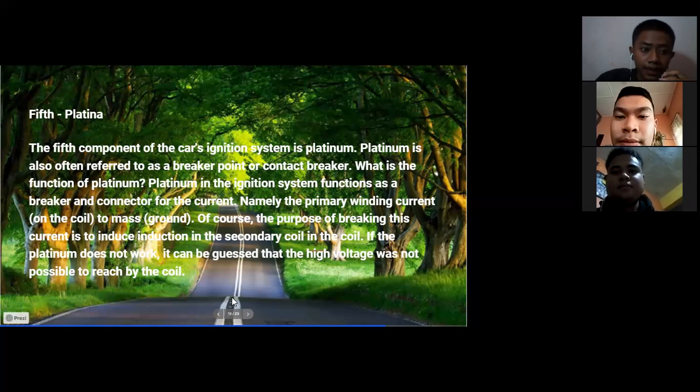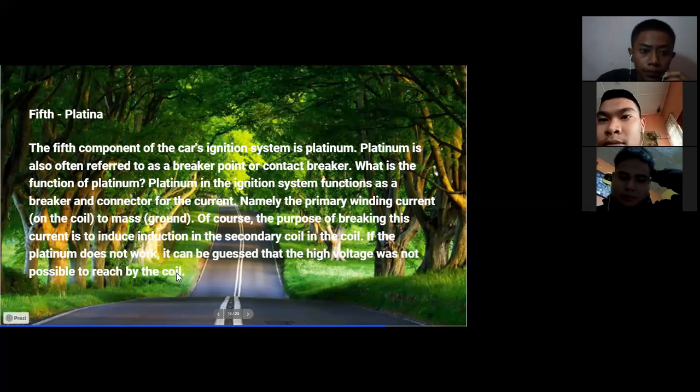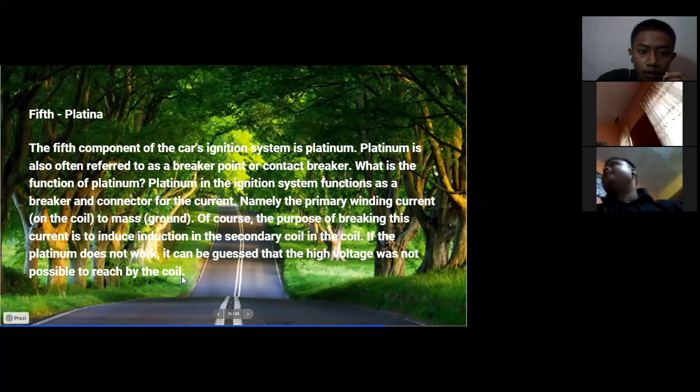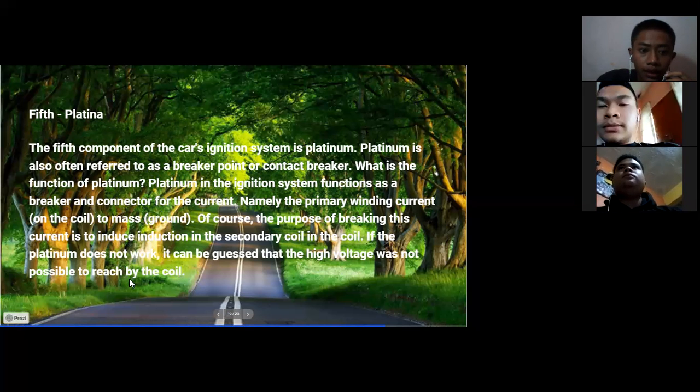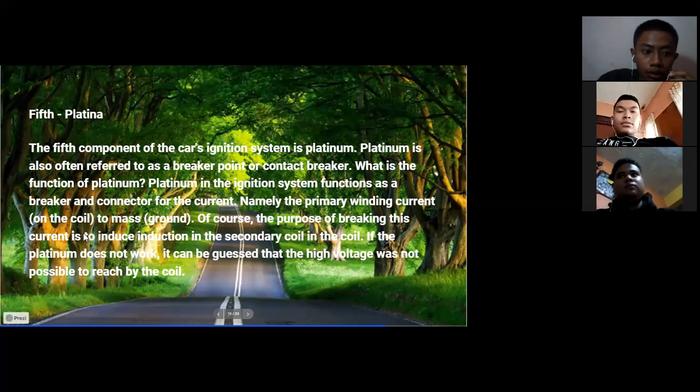Fifth, platina. The fifth component of the car's ignition system is platinum. Platinum is also often referred to as breaker point or contact breaker. What is the function of platinum? Platinum in the ignition system functions as a breaker and connector for the current, namely the primary winding current on the coil to mass ground.